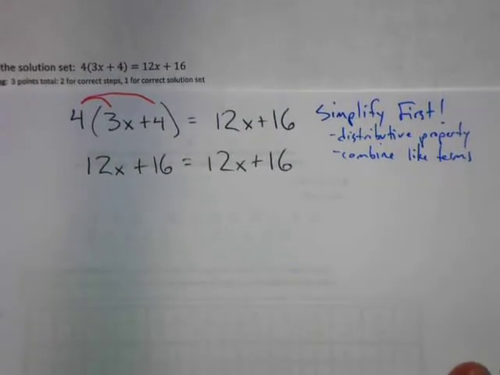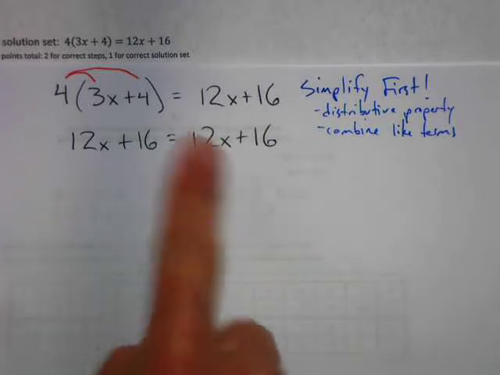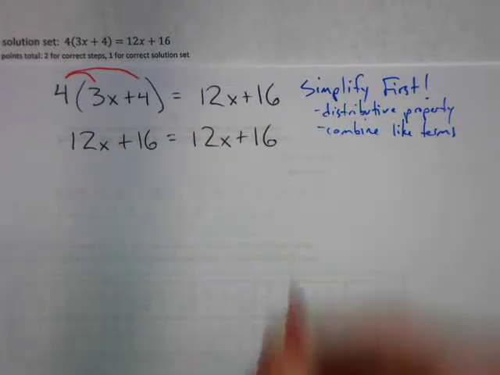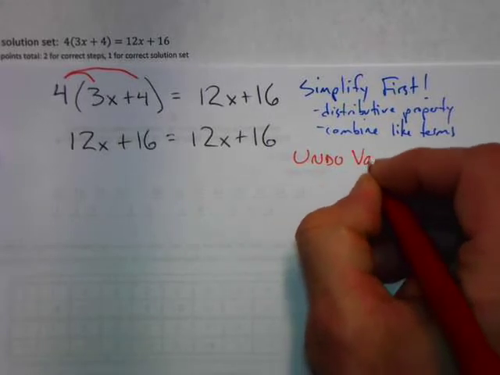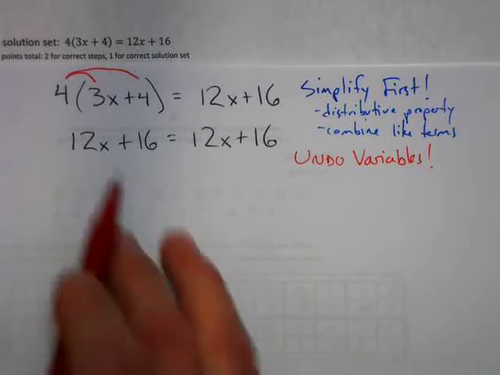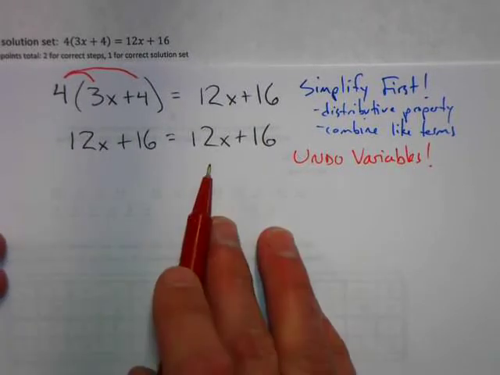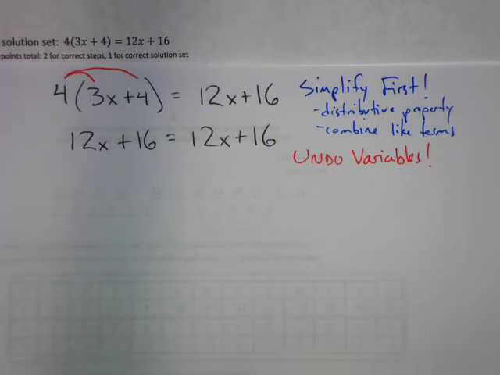We simplify first. And now what we can do is if we notice we have variables on each side of the equal sign. And so what I've been teaching is that we undo variables first. So we're going to undo these variables. Okay, so I have a 12x over here and I have a 12x over here. I'm going to undo one of them. And how do I undo a 12x?